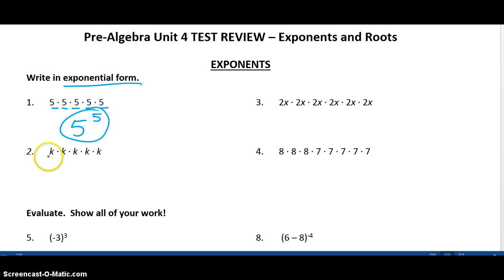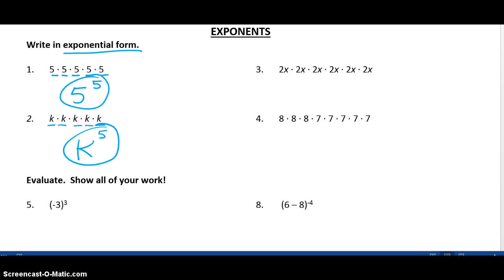For number 2, same type of thing, except now we're using a variable, which doesn't change what we do. So k is our base, and 5, again, is our exponent. Number 3 is a little different since it's 2x times 2x, but when a number and a variable are next to each other, it's just like saying 2 times x, so all of these are being multiplied together.